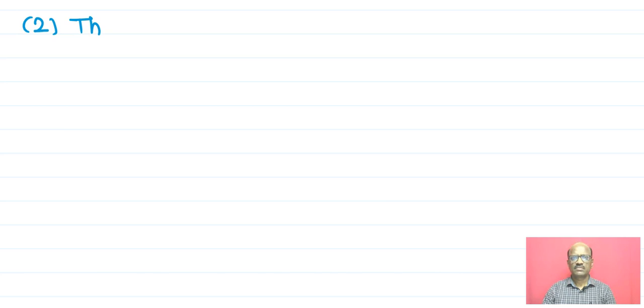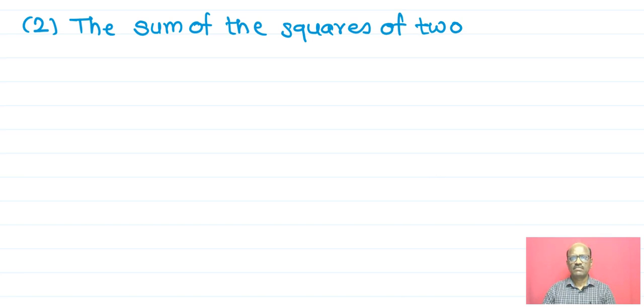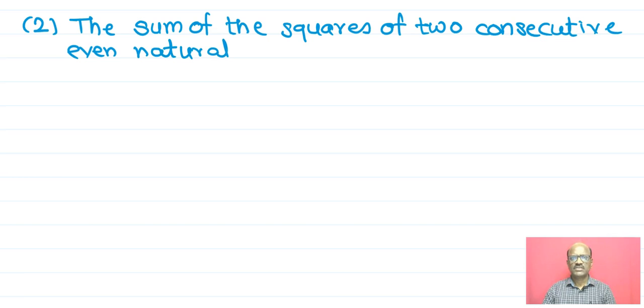Question number 2. The sum of squares of two consecutive even natural numbers is 244.